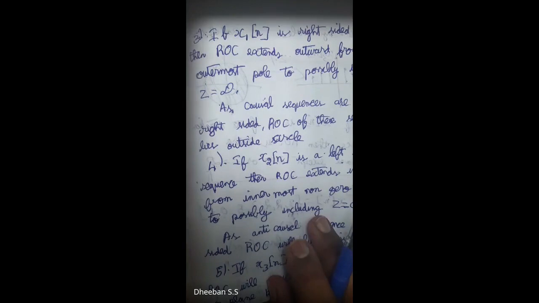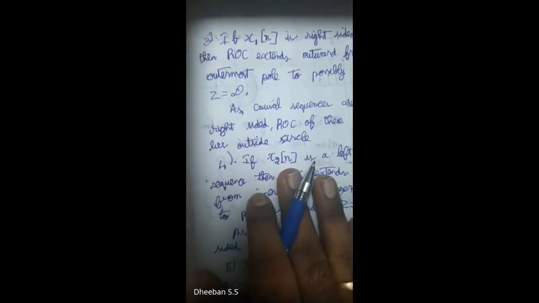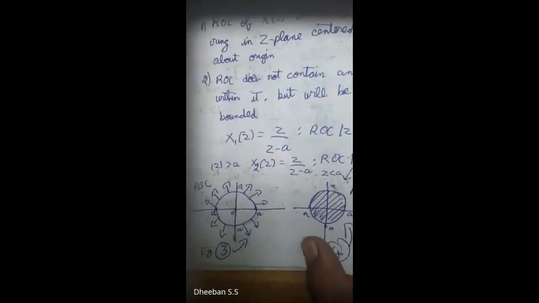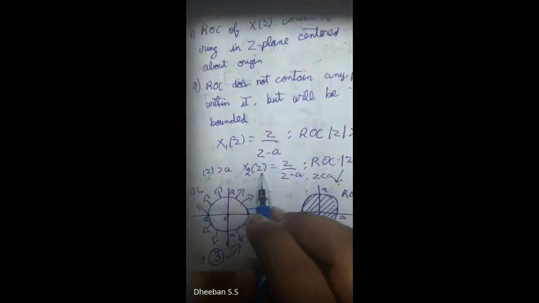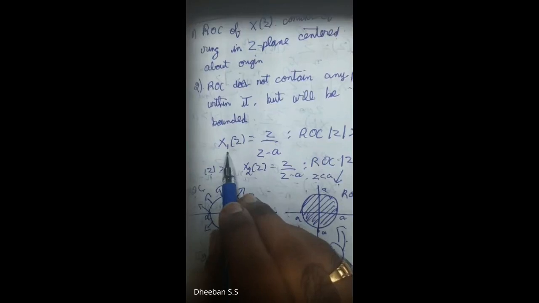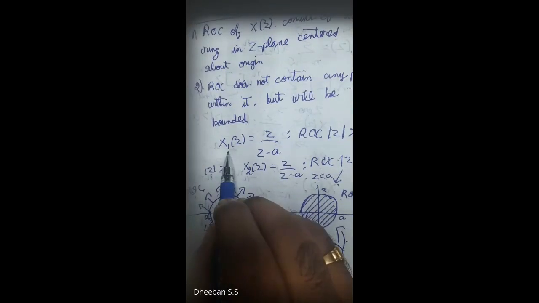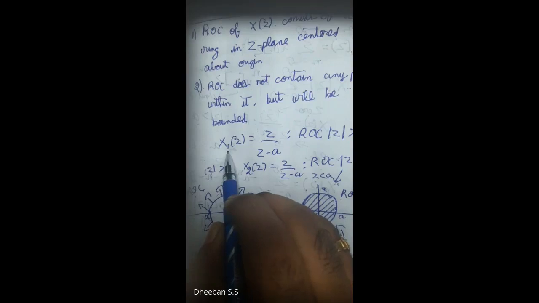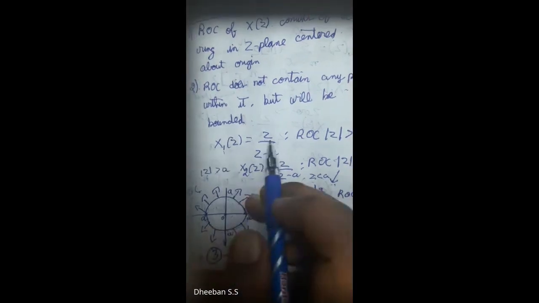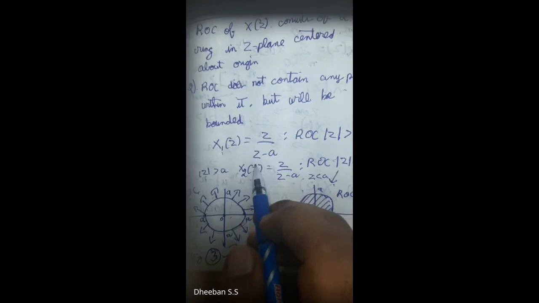In the last class, in the properties of ROC, there was a problem with this signal. After taking the Z transform of x1, you got z by z minus a for this signal.